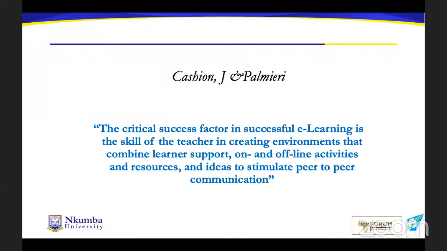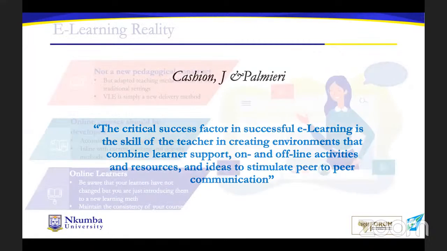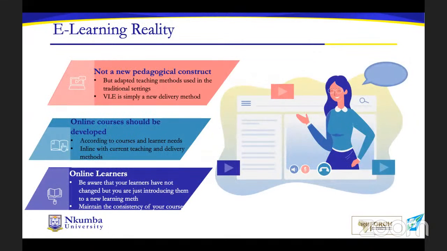What is that you brought in that stimulated collaborativeness, communication amongst peer-to-peer? This is very, very important for a 21st century lecturer. What is the reality today?